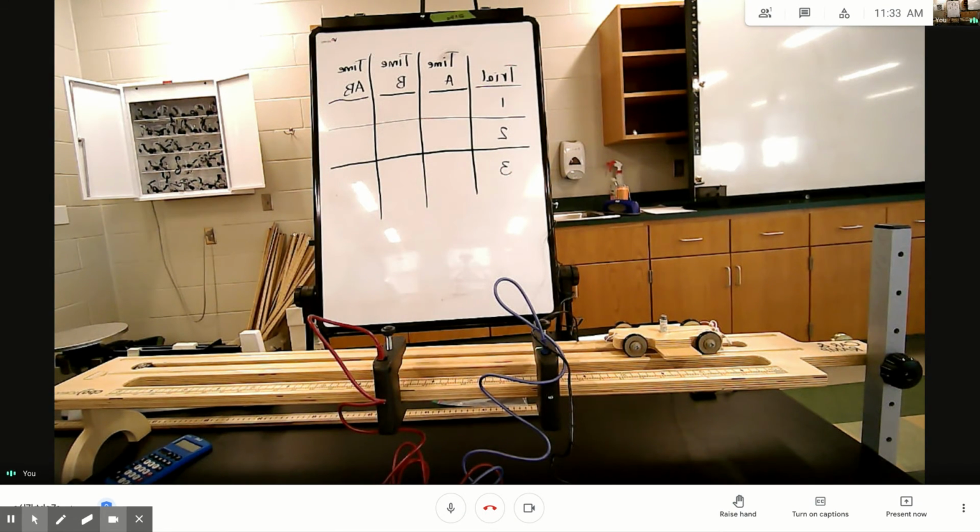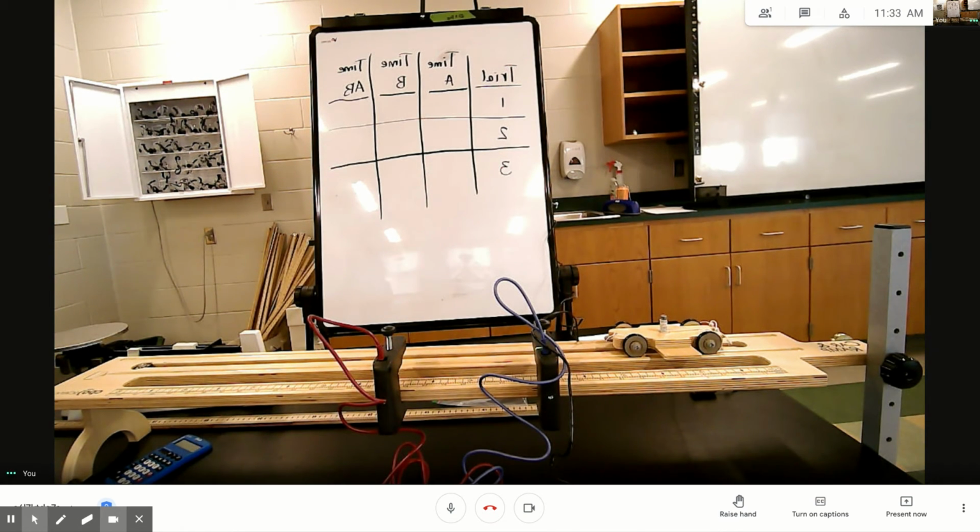All right, so now we have to figure out what the theoretical acceleration of the car and ramp is. We have the force that you measured in number 3, so you'll use the answer to number 3 for your force. The mass that you'll use is the answer to number 4 right above, and then you'll use that to find the theoretical acceleration.